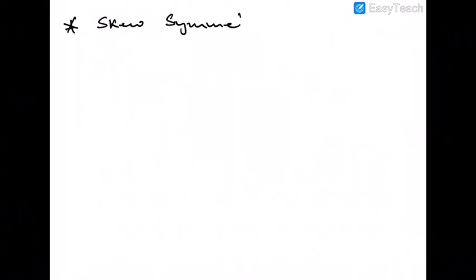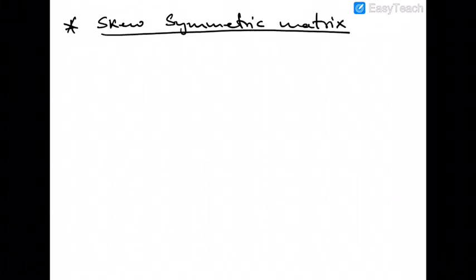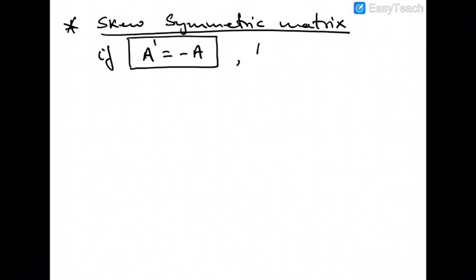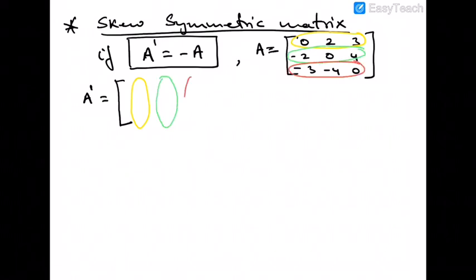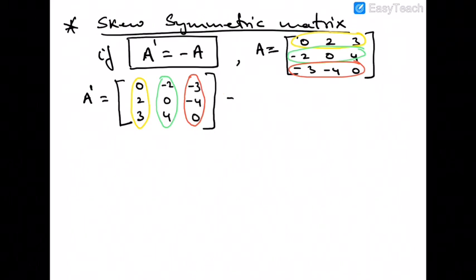Now the skew symmetric matrix happens when the transpose of A is equal to the negative of A. So let's take A as 0, 2, 3, minus 2, 0, 4, minus 3, minus 4, 0. Then its transpose will be: take the first row and write it down as the first column, then the second row as the second column, the third row as the third column, and we will get 0, minus 2, minus 3, 2, 0, minus 4, 3, 4, 0.